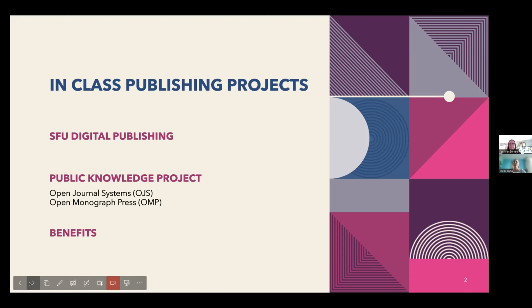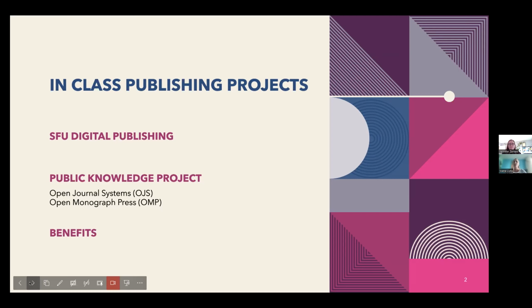A bit now about the Public Knowledge Project, since our in-class publishing projects use open source software developed by PKP: Open Journal Systems, OJS, and Open Monograph Press, OMP. PKP is an SFU core facility dedicated to developing open source software, conducting research, and furthering open access to scholarly research. In other words, making research a public good, as Sarah just mentioned. We'll go back there.